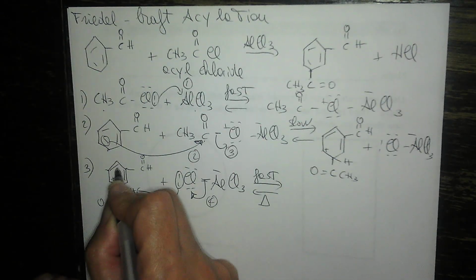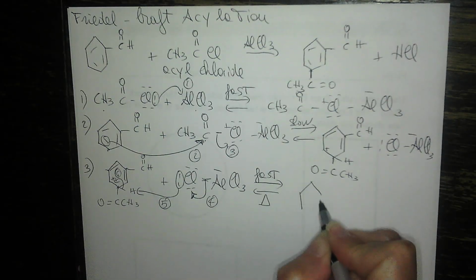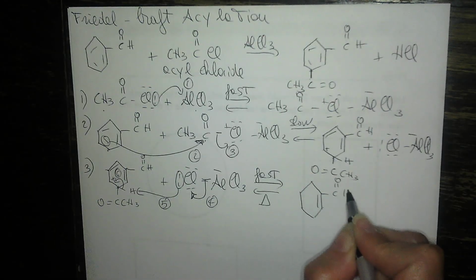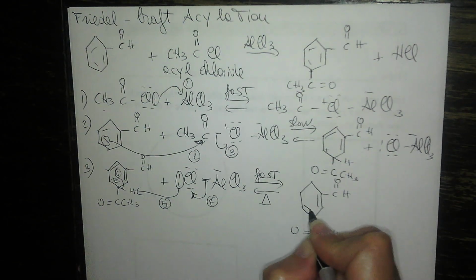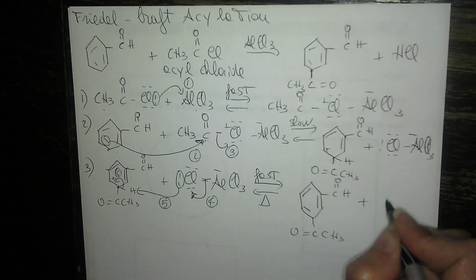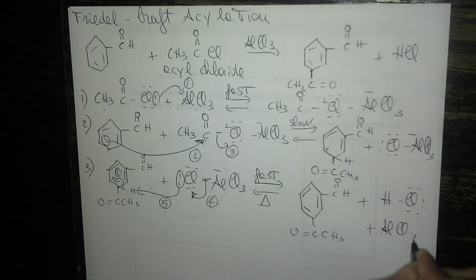The H restores the ring in motion 6. Identical. So you get the ring, double bond, C double bond OH. We have the C double bond O CH3. You get the ring and the ring. What else? HCl plus aluminum chloride. As you can see, these three mechanisms are absolutely the same. The steps are the same, so everything looks the same.